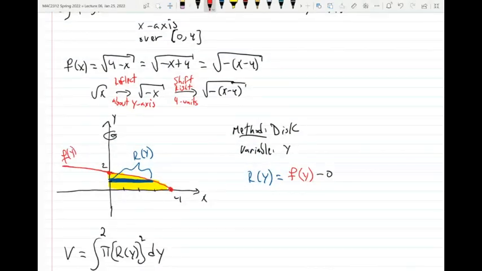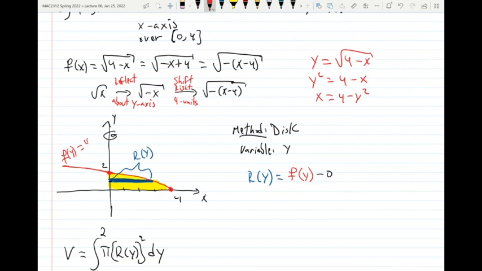What is f of y? Negative y squared plus 4. So 4 minus y squared. Right, here is how you find it. You know that y equals square root of 4 minus x, so solve for x. Then you have x equals 4 minus y squared. Yes?